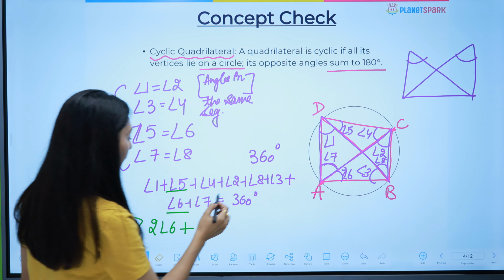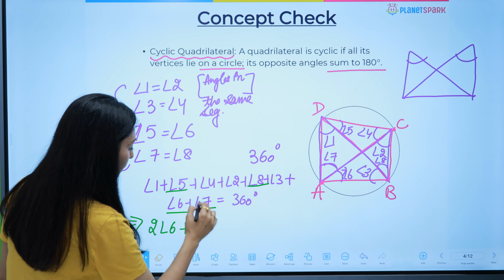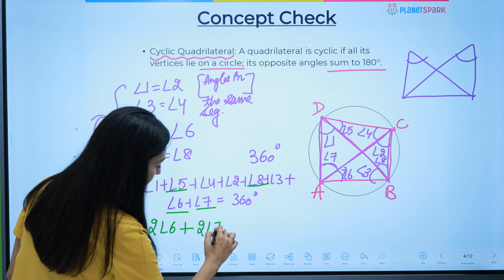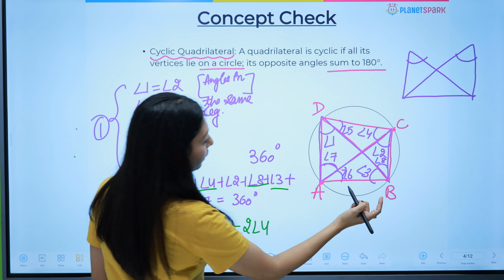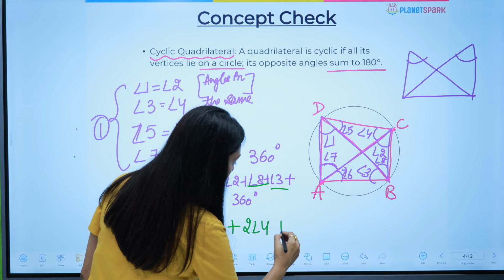So, in place of 8, I can write 2 times angle 7, right, plus. Then we have angle 4 and angle 3 equal. So, I can use 2 times angle 4 in place of 3 and 4. Then I have angle 1 and angle 2 equal, right. So, I can use 2 times angle 2 in place of 1.